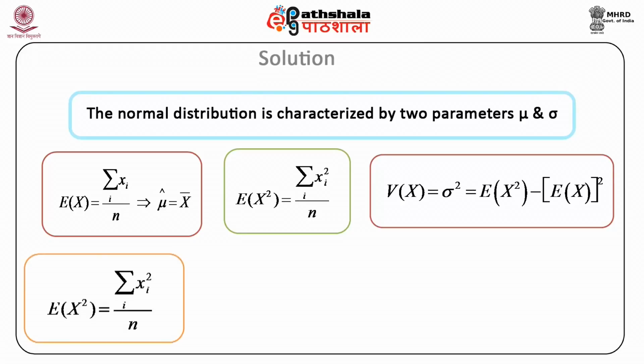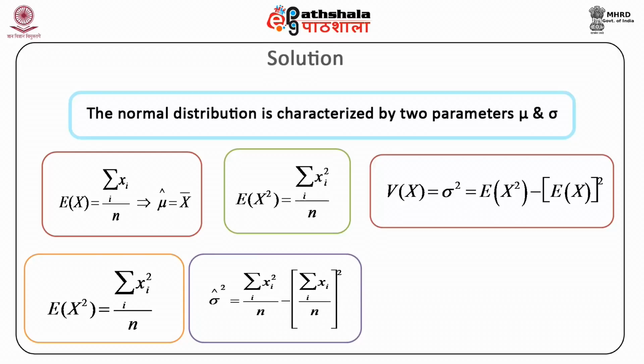So equating expected value of x square equal to summation xi square by n and then substituting on the right hand side of the definitional formula for sigma square, we obtain the estimator for variance as sigma hat square is equal to summation xi square by n minus summation xi by n whole square.